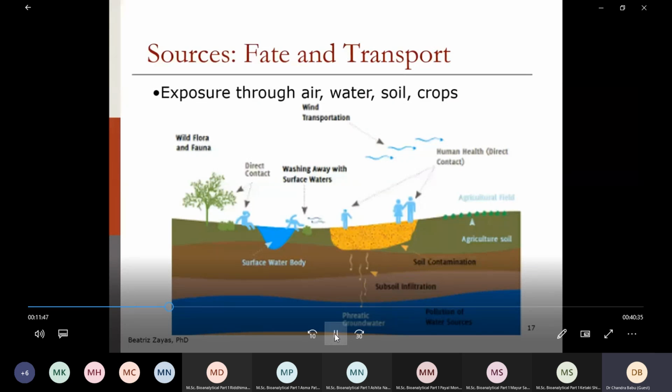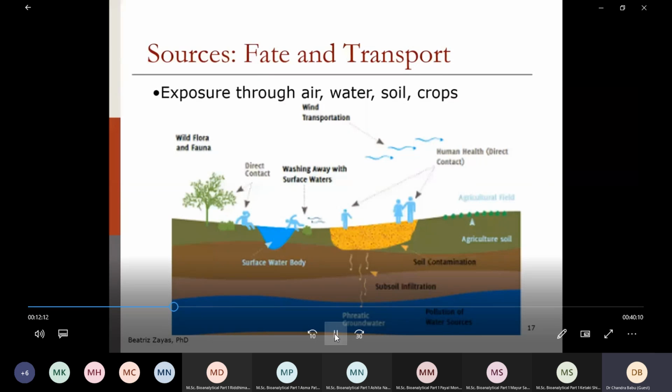These illustrations are just a simplification. We could be exposed to surface water, to contact in air, also groundwater. And as you can see, chemicals will behave differently in different compartments. So they will not behave the same in water as they do in air or in soil. And that is very important.